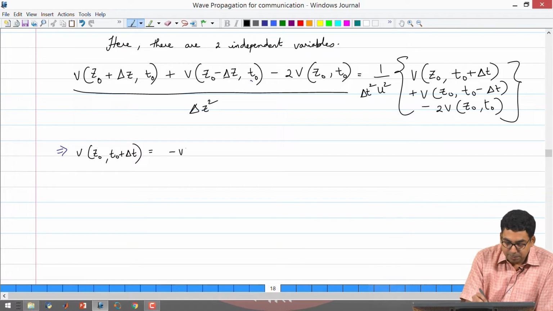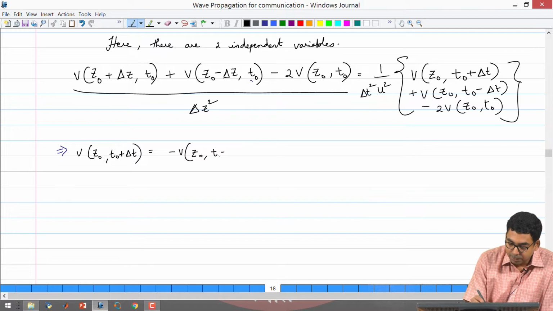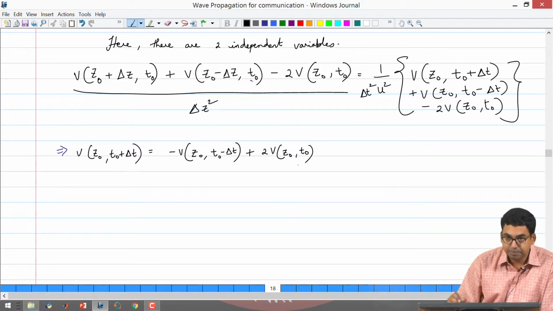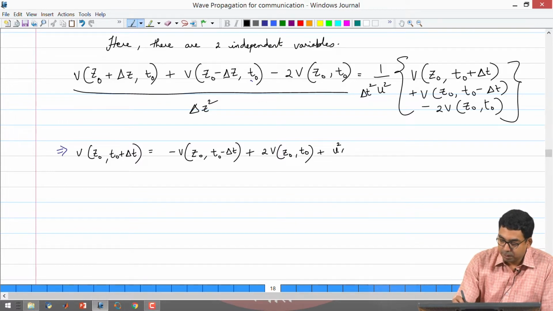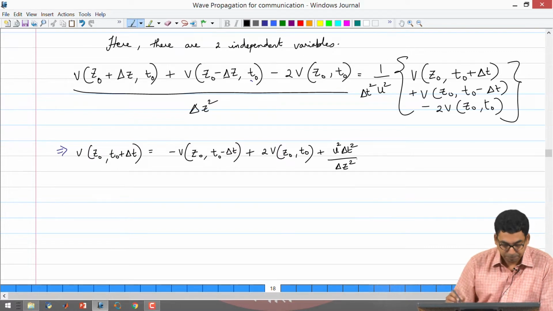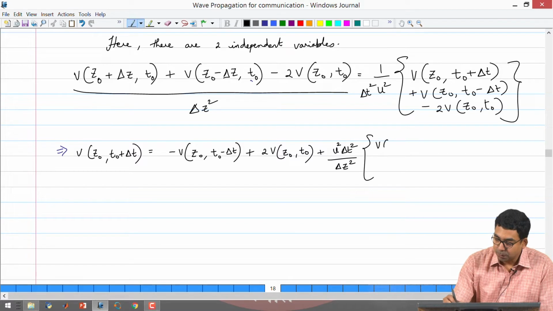It is minus V of Z naught, T naught minus delta T, plus 2 times V of Z naught comma T naught, plus u square delta T square by delta Z square times the quantity inside the braces.